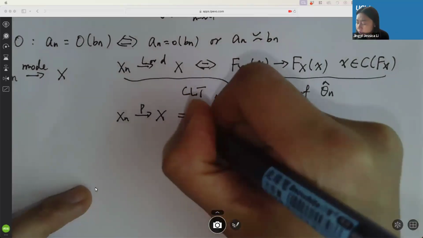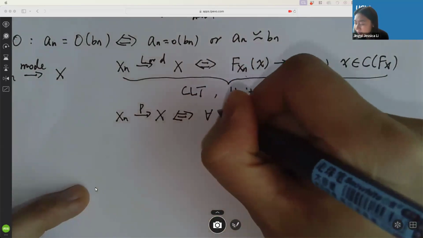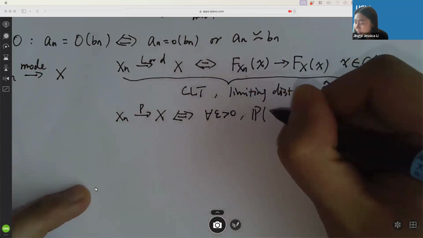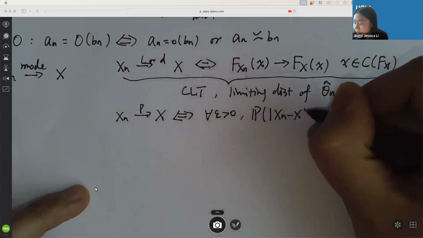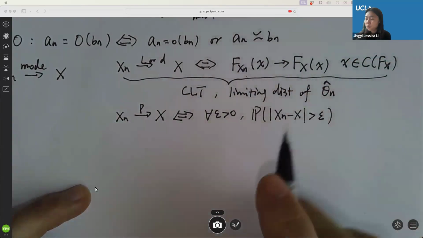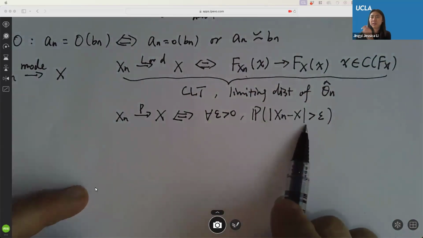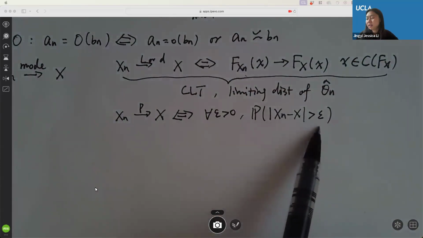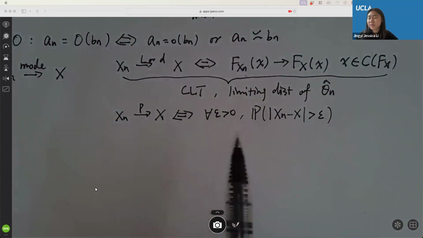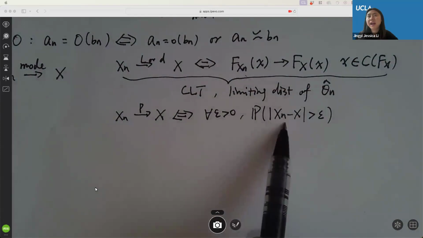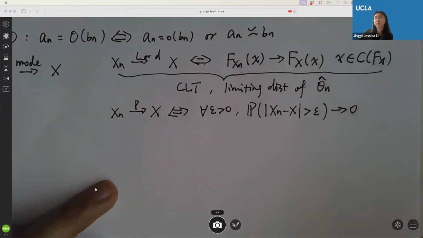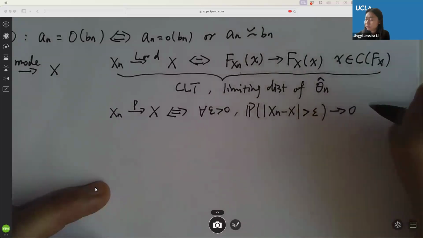So the definition here means that for any epsilon positive, the probability that |Xn minus X| is greater than epsilon, which we call the violation of them being close, right? This means that they are not close by epsilon standard. And this probability of having this violation will go down to 0 as n goes to infinity. That's it.